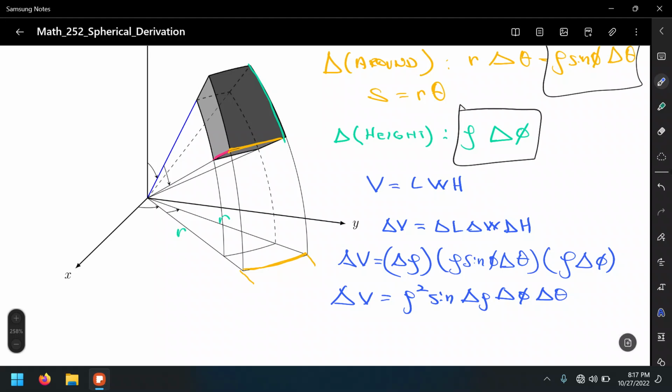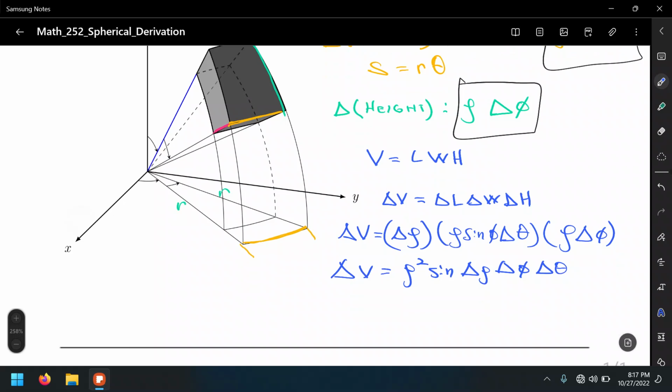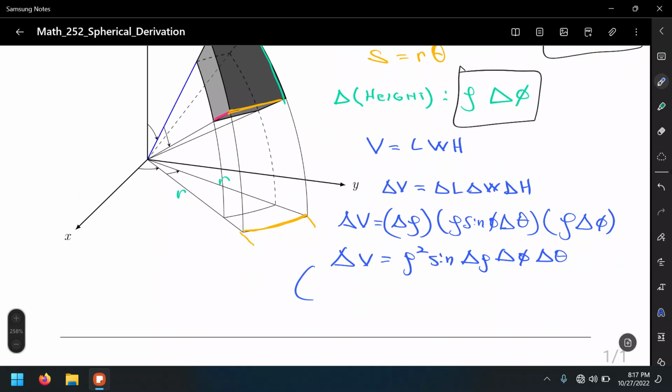That's the partition. You know, take one element, analyze it, like over there. Take one rectangle, find the area. Now add infinitely many of these. This is the same dV: rho squared sine phi d rho d phi d theta.